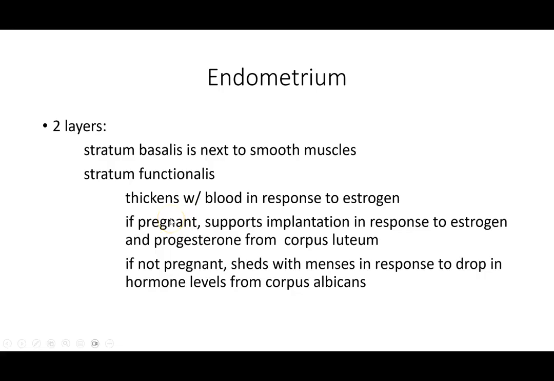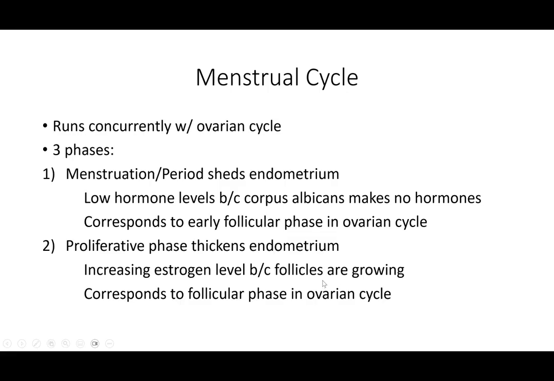If pregnancy occurs, it will support the fertilized egg or zygote to implant in this layer in response to those estrogen and progesterone levels from the corpus luteum. And if pregnancy does not occur, this layer gets shed with the menses during the period in response to decreasing hormone levels as that corpus luteum becomes the corpus albicans and further degrades.